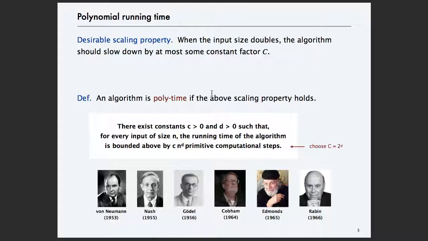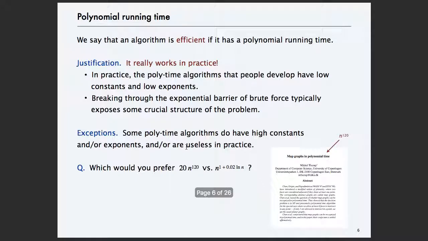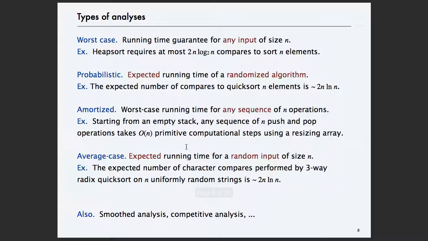If an algorithm is polynomial time, the above scaling property holds. Basically, there are constants c greater than 0 and d greater than 0 such that, for input size n, the running time of the algorithm is bounded by c n to the d, right? So there is a polynomial that bounds it.